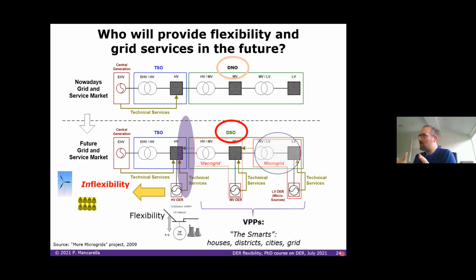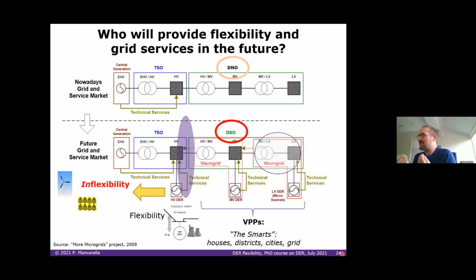So all the new resources and power electronics based resources in particular really allow this transformation, which means that you actually invest much less into assets, invest more into control. So when we talk about the smart grid, what is the smart grid?